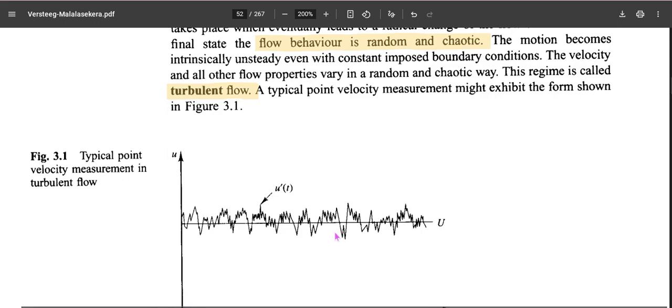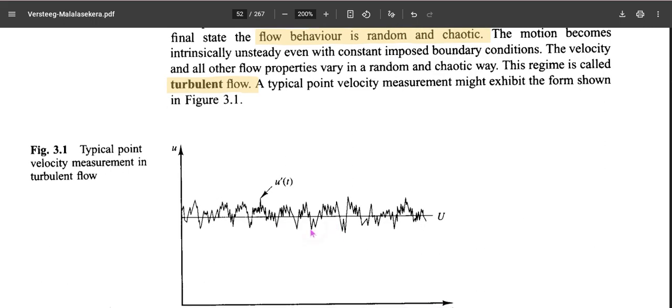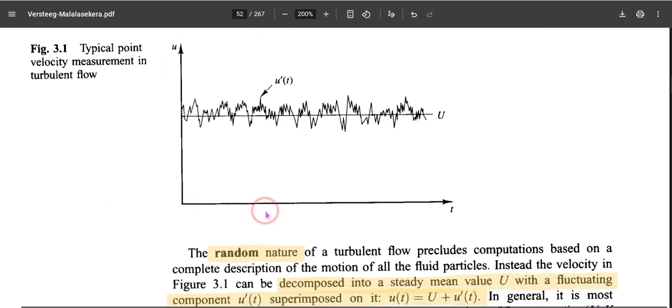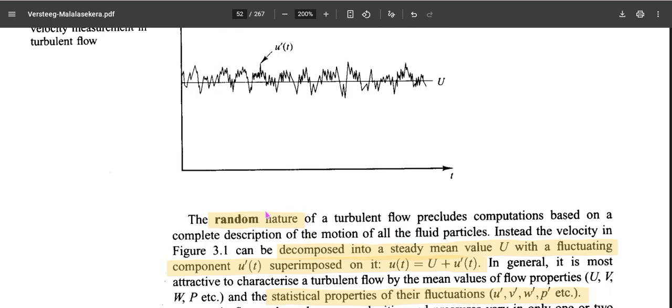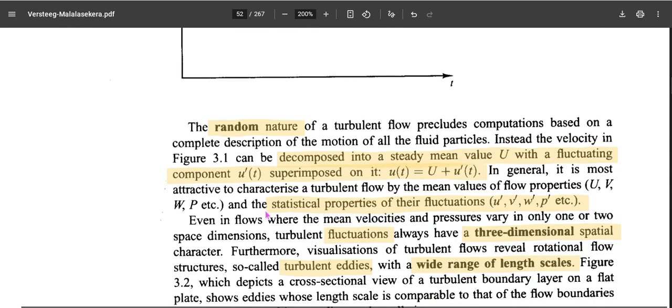In this regime, there will be a fluctuation similar to this, where we can decompose the instantaneous velocity, with its chaotic values, into two things: one is the mean value and the other is the fluctuating value. The fluctuating part takes all the chaotic nature, so the randomized part is captured in the fluctuating part, and we have the mean flow.